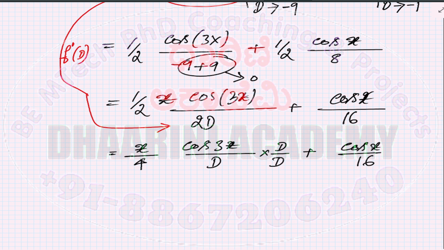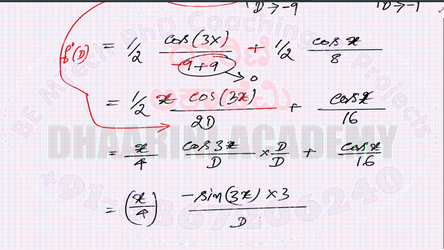So the first part, x by 4, you are going to keep as it is. So d into cos 3x, differentiation of cos 3x is minus sine 3x into 3, divided by d square. Denominator is d square. Second term as it is, this is cos x divided by 16.